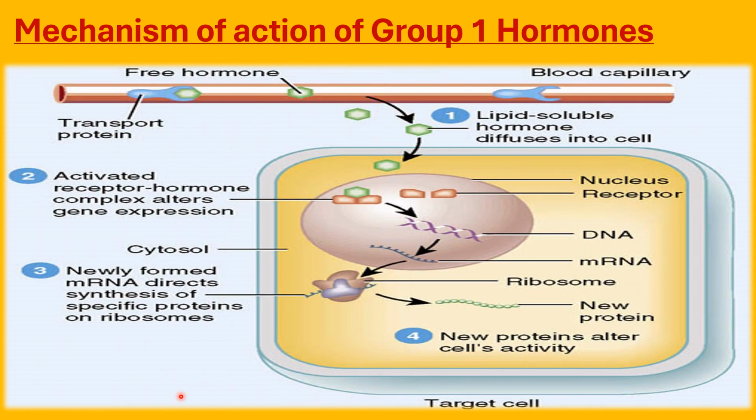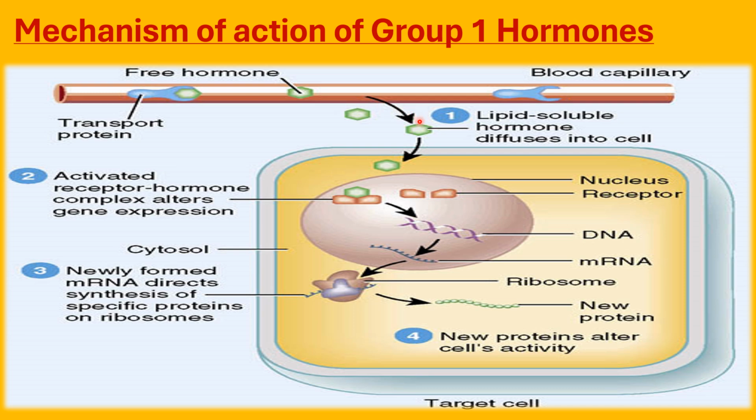So continuing our discussion, let's try to understand the mechanism of action of group 1 hormones. As we can see in this diagram, group 1 hormones, which are lipophilic in nature, require a transport protein to be carried in the bloodstream.